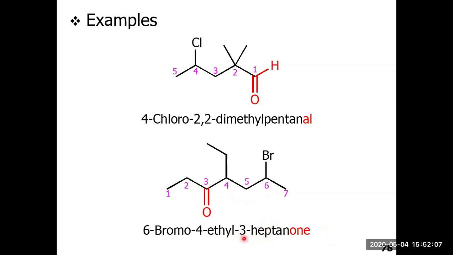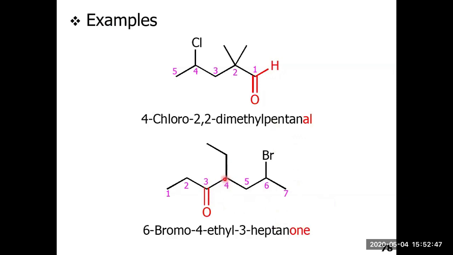So we will write here 3-heptanone. For aldehydes, this is not a problem because we know that the carbonyl carbon for aldehydes is always terminal. It's always at carbon number 1. But for ketones, this is a different story because the carbonyl carbon is an internal carbon. It is not a terminal carbon.